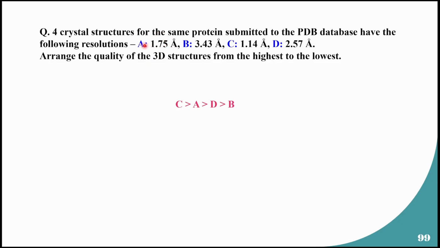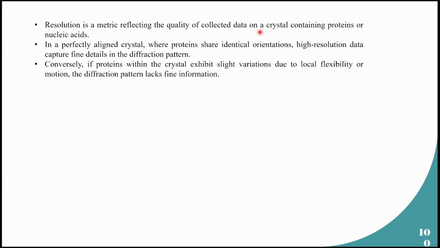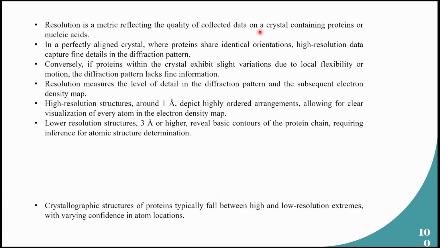So in this case, for example, structure C, which is 1.14 angstrom resolution, is the lowest value of them all. That means it's the best resolution available for this particular structure. So it's opposite: the lower the value, the better the resolution. It's a metric that reflects the quality of the collected data of a crystal for protein or nucleic acid.